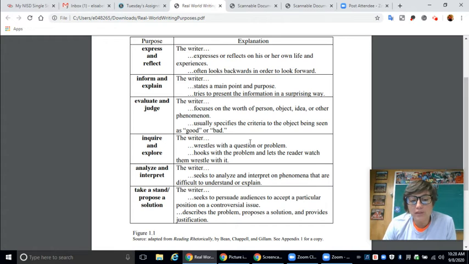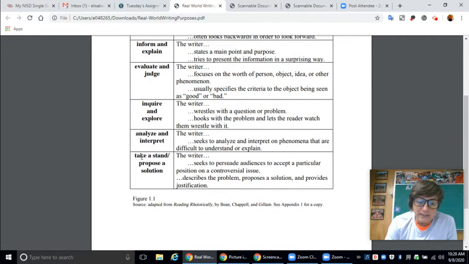In this one, the author is wrestling with a question or problem, such as why is it this way, or how does this happen? The next one is analyze and interpret. In this purpose, the writer seeks to analyze and interpret a phenomenon that is difficult to understand or explain. So this is the why.